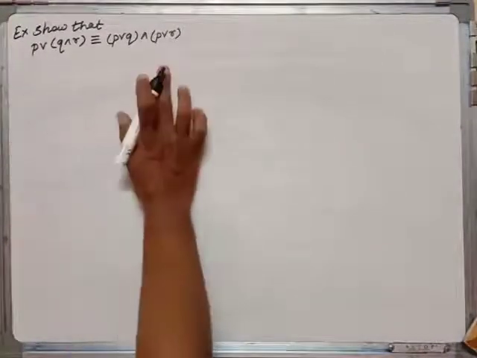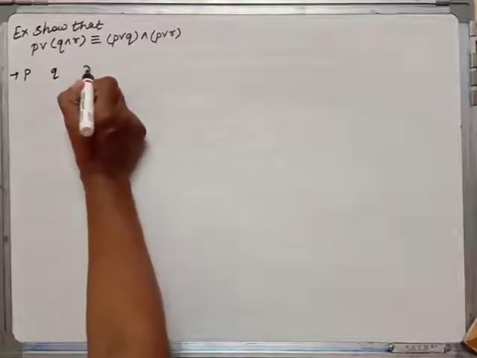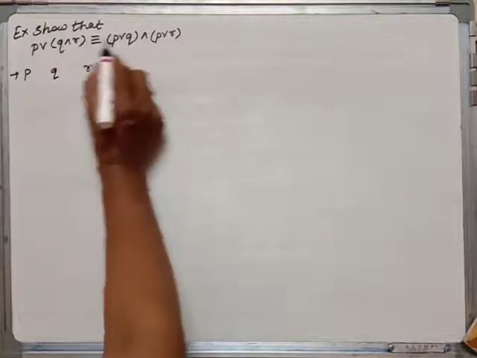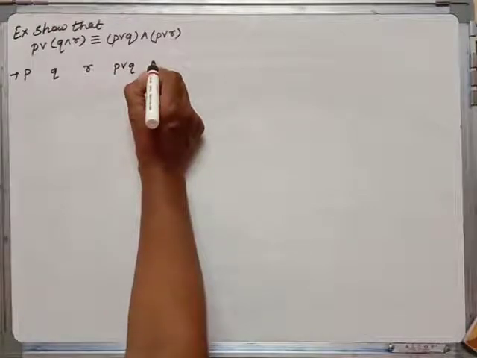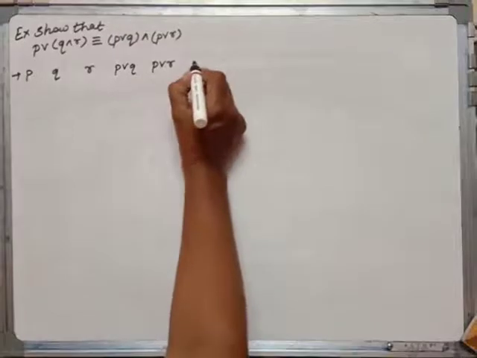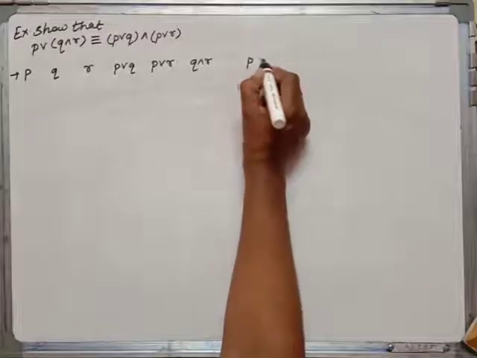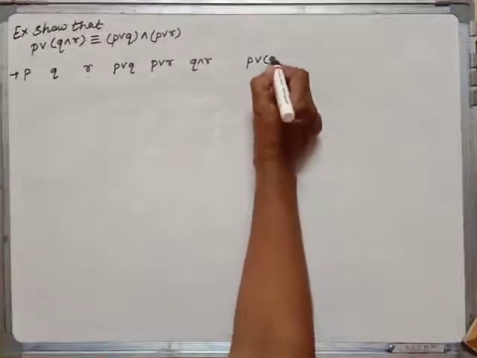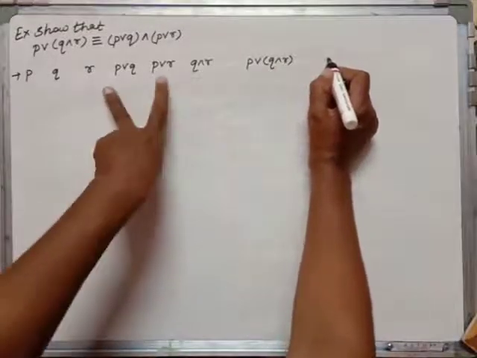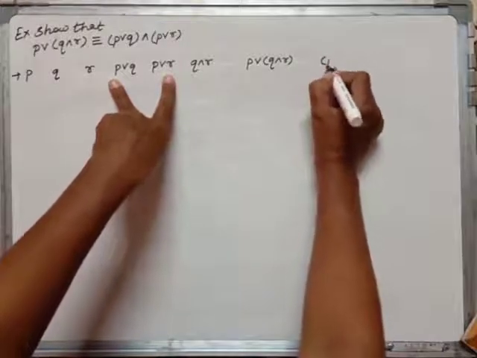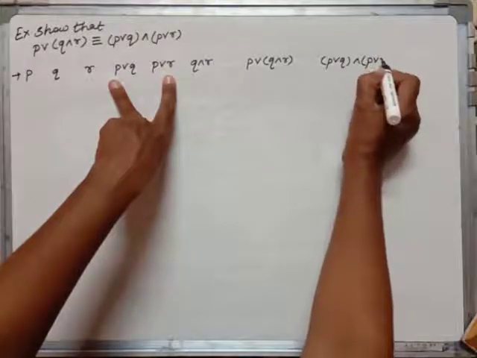Now here there are three variables, so 8 possibilities. So P, Q, R. Let me determine pairwise first of all: P or Q, then P or R, then Q and R we need. Later on we will take three together: P or (Q and R), and the last one is the and in between these two, (P or Q) and (P or R).